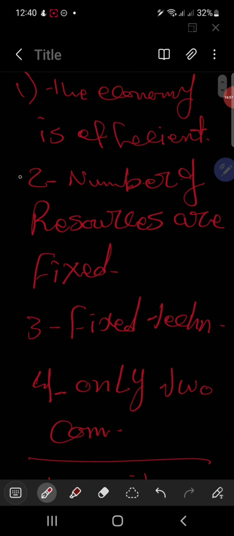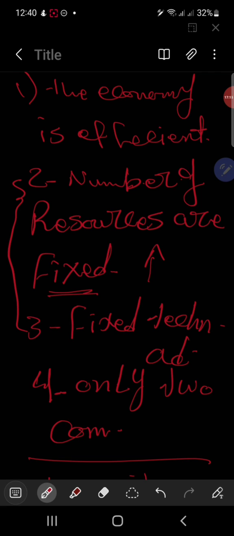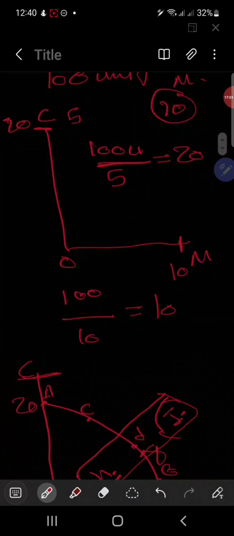For assumptions number 2 and number 3, if we relax one of them, which means that our resources are fixed, suppose our resources increased. Fixed technology, suppose we have advanced technology. Increasing resources or advancing technology would have the same effect on the production possibility frontier.